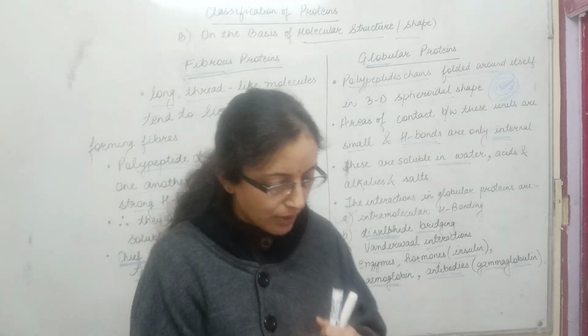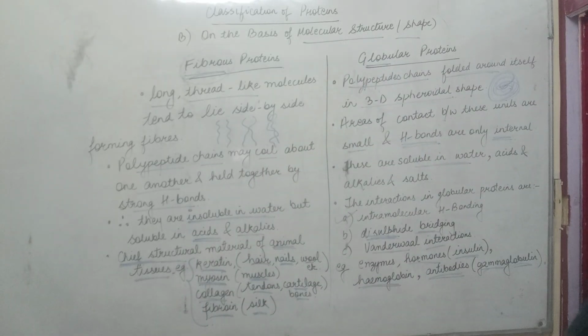Just go through the examples. I hope these are clear. So you have to remember the examples of fibrous proteins and globular proteins. So these are the classification of proteins.